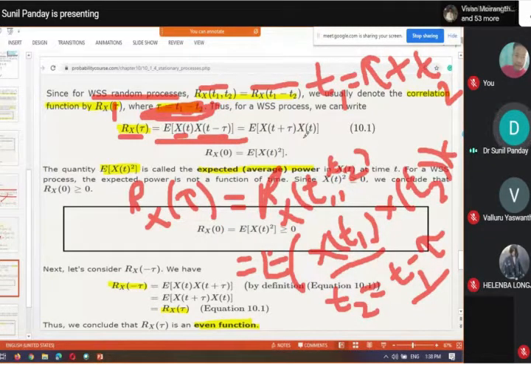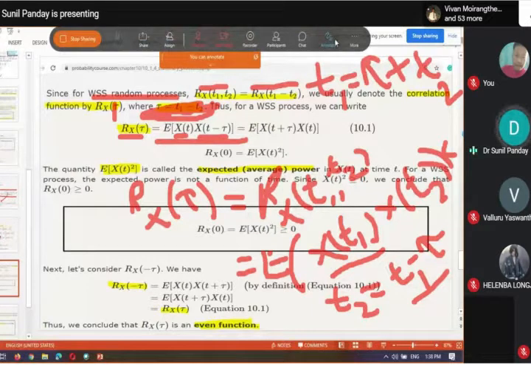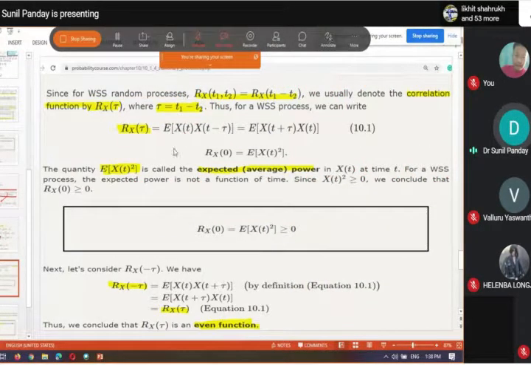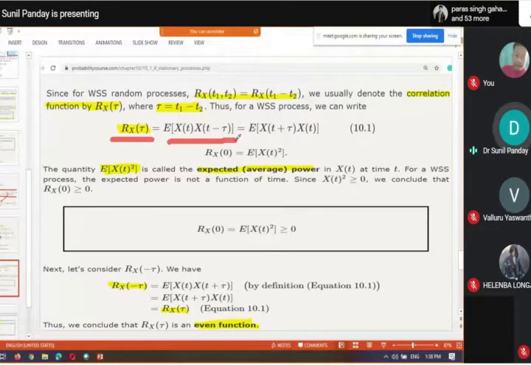Okay, so we can easily write the autocorrelation function for wide sense stationary processes as Rx(tau), which is the expectation of x(t) x(t minus tau), or the expectation of x(t plus tau) x(t), and this is true only for wide sense stationary processes.